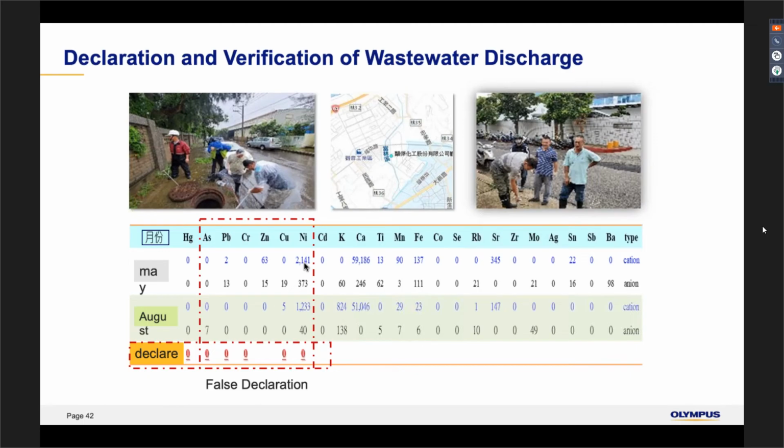The challenge is the water sample, because the concentration is very low and the water is a liquid with heterogeneous composition.